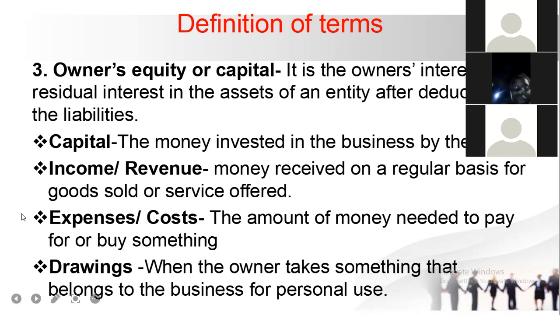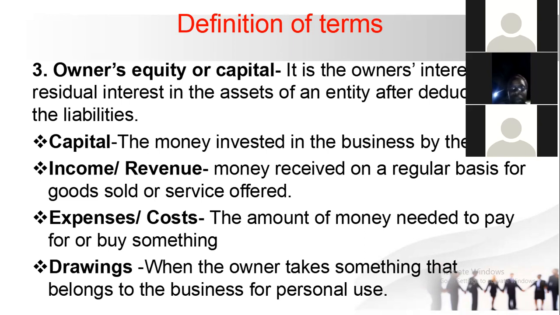That becomes capital from a business point of view. The owner parts ways with his money to invest it in the business. So at any given point in time, the owner can claim this capital. He can say, I no longer want to invest in this business, and therefore I'm taking back my capital. That is why I have explained owner's equity is what the owner can claim from the business.